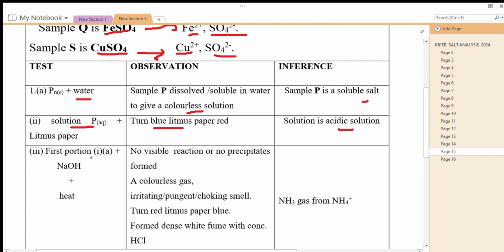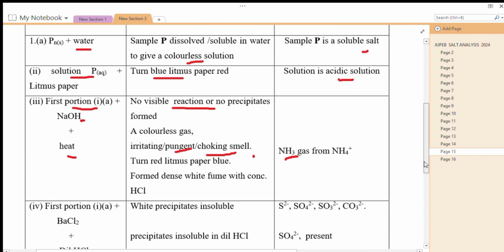All right. When you take a portion of the solution of sample P and you add sodium hydroxide, of course there will be no visible reaction, there will be no precipitate formed. But when you heat it, a colorless gas, which is irritating, you can use the word pungent, you can use the word choking smell, turns red litmus paper blue, and forms dense white fumes with HCl, which is a confirmatory test for ammonia gas, which is coming from ammonium ion.